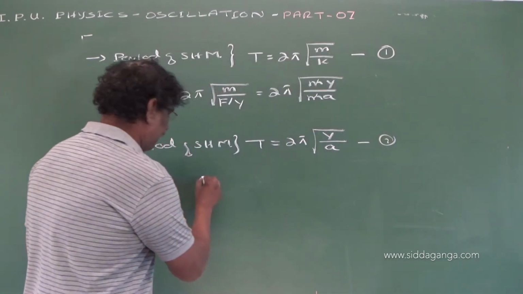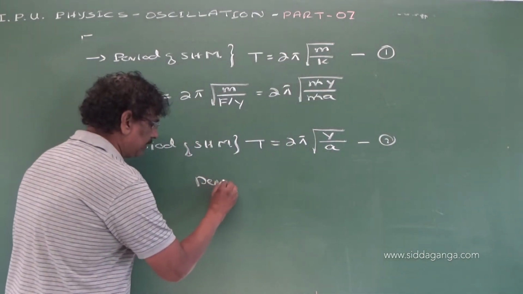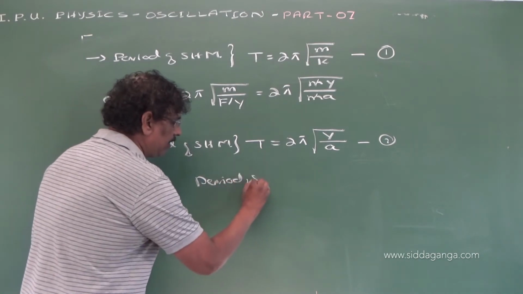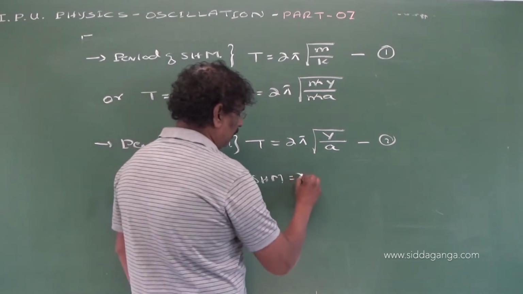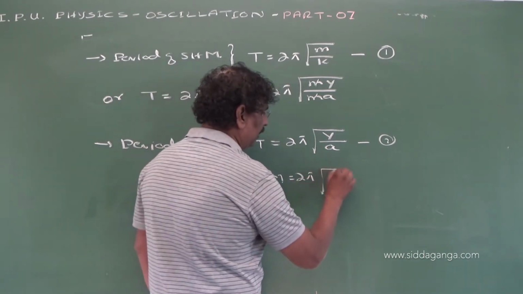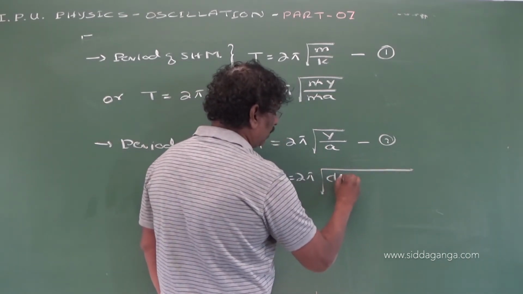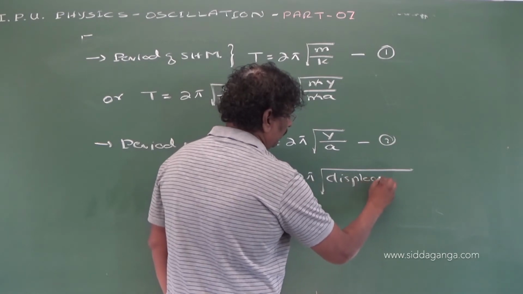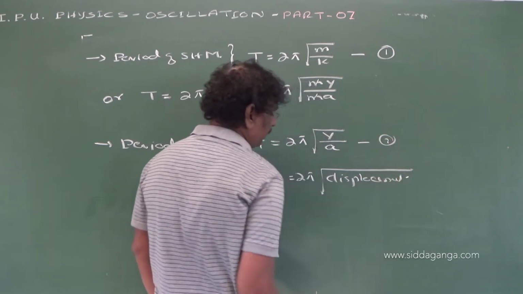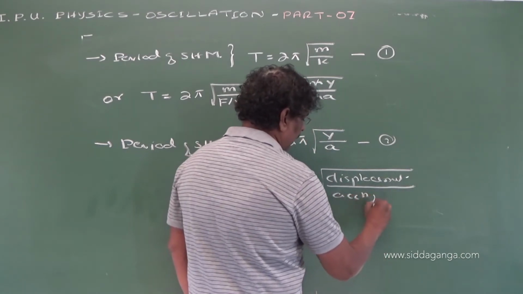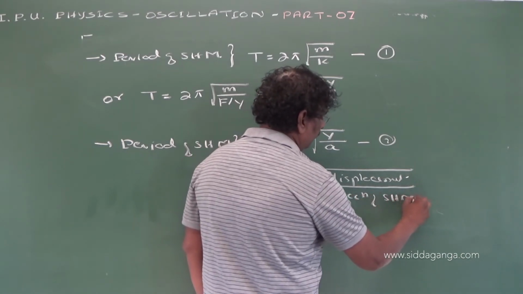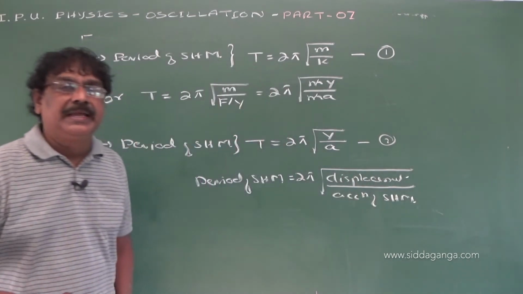Or we can write, the period of simple harmonic motion is equal to 2π times the square root of displacement by acceleration of simple harmonic motion.